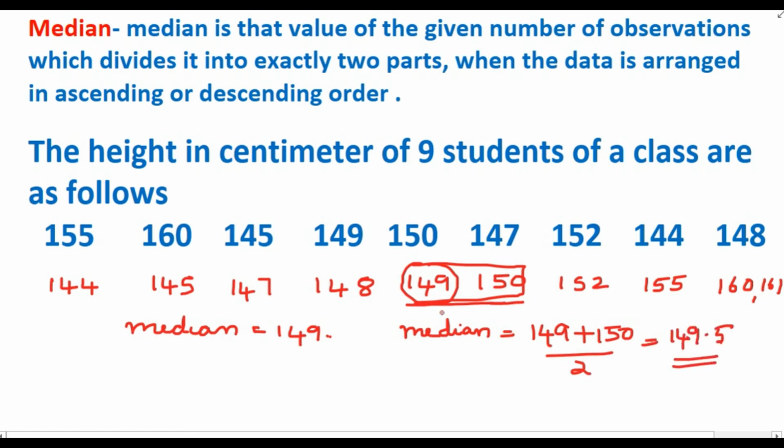So when number of scores is even and when number of scores is odd, we have a general formula to find out median. When there are 9 scores, exactly the middle score, and when there are 10 scores, we have taken the average of the two middle scores.